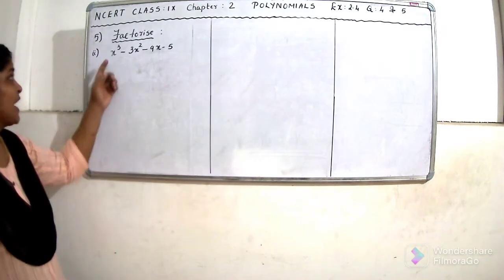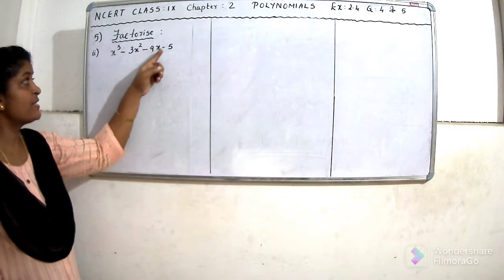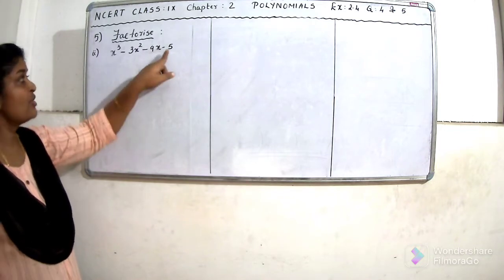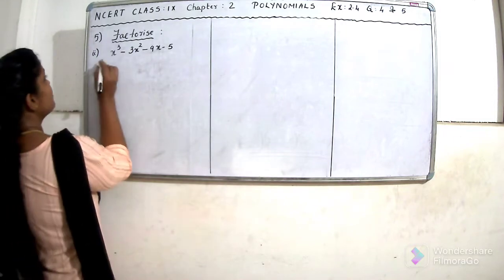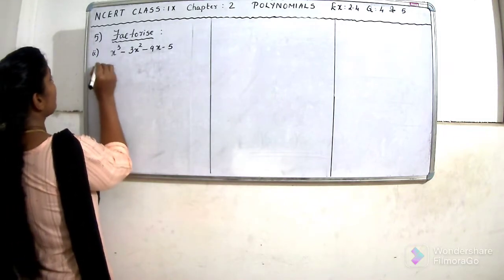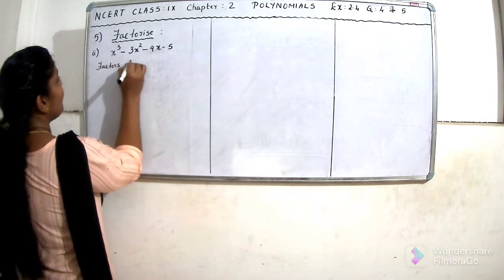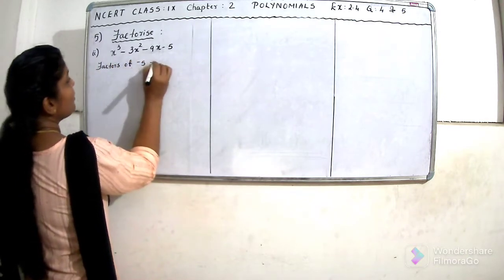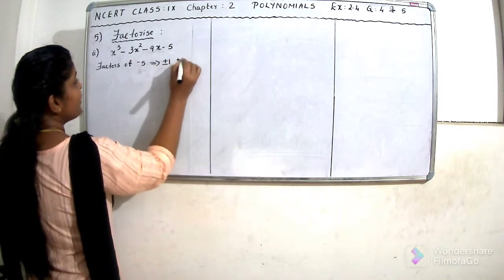Question number 2. x cube minus 3x square minus 9x minus 5. The constant term is negative 5, so the factors of negative 5 are positive and negative 1, positive and negative 5.